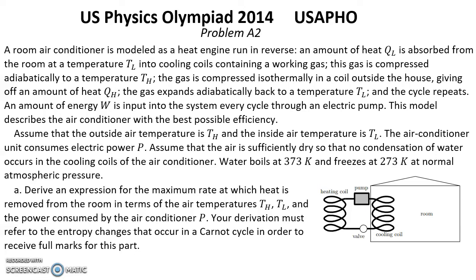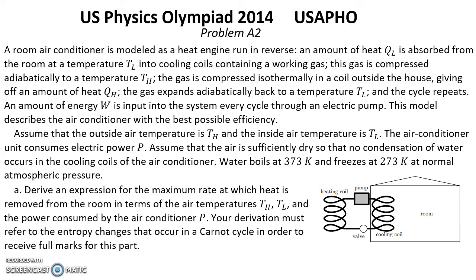US Physics Olympiad, year 2014, USA PHO. Final exam. Problem A2. A room air conditioner is modeled as a heat engine run in reverse. An amount of heat QL is absorbed from the room at a temperature TL into cooling coils containing a working gas.